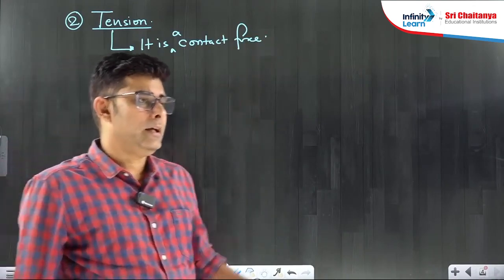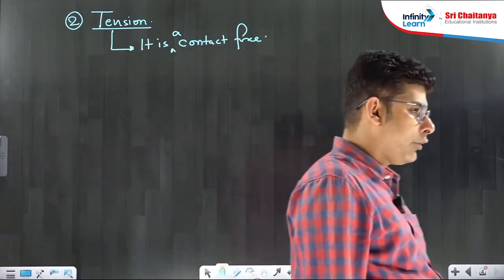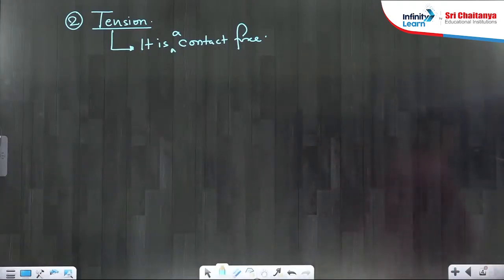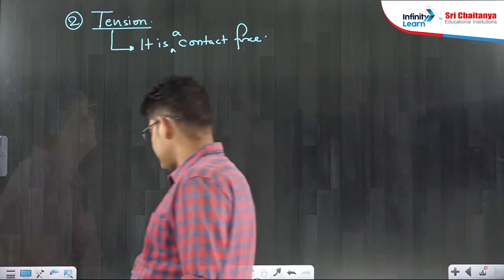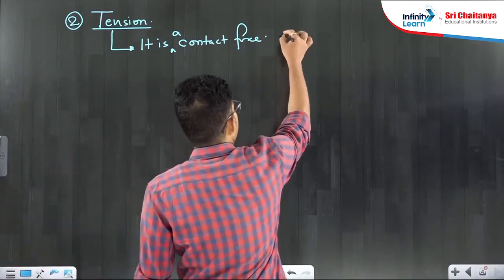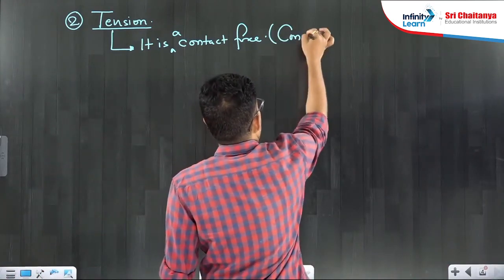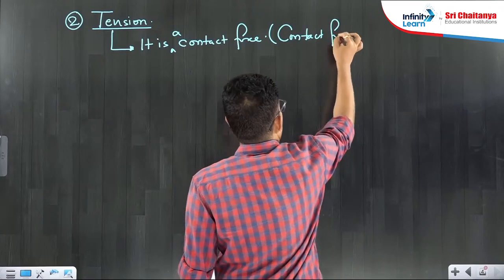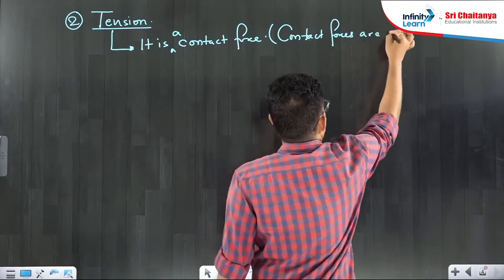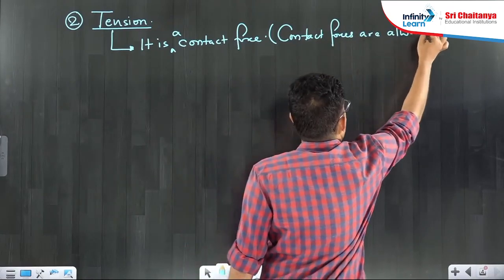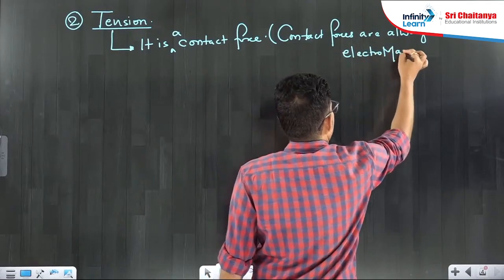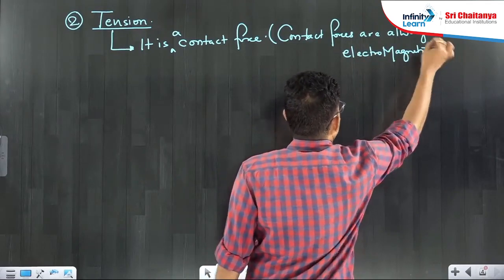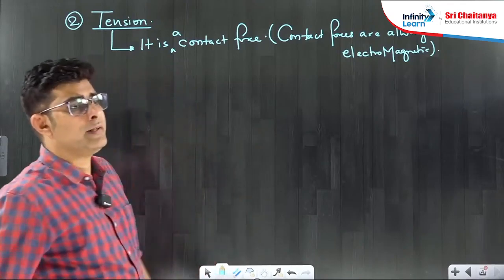Now can anyone say which category will this force fall in? Out of the four fundamental forces that I have discussed, which category will tension fall in? It is a contact force. Remember, any contact forces are always electromagnetic. Contact forces are always electromagnetic.